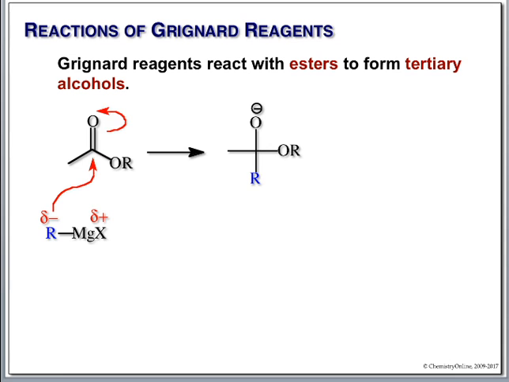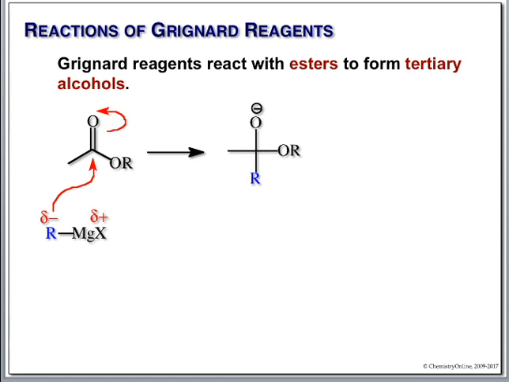However, this intermediate is different. We're going to do a lot of this in chapter 20. But this tetrahedral intermediate has a leaving group, something that can take its electrons and go home.